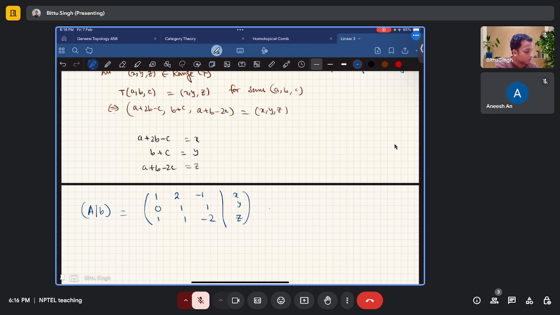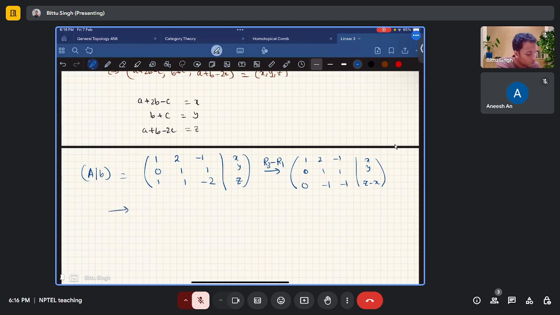We take the matrix and put it in augmented matrix form, and again apply row reductions. The first row reduction will be R3 minus R1, so that we can cancel this 1. This will give us 1 2 minus 1, 0 1 1, 0 minus 1, minus 2 plus 1, which is minus 1, with x, y, and z minus x.